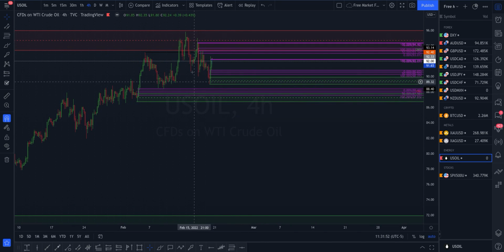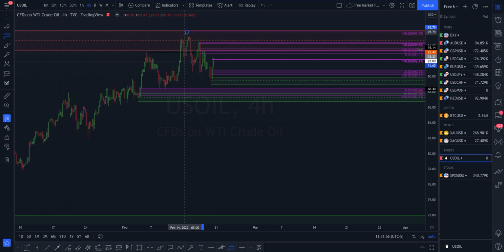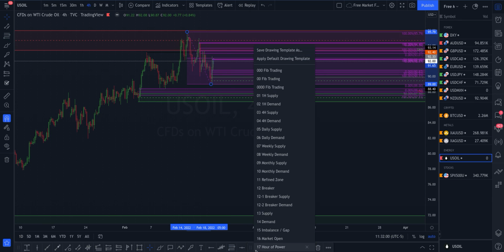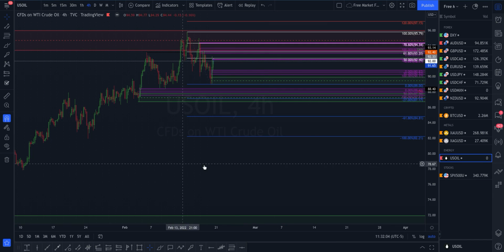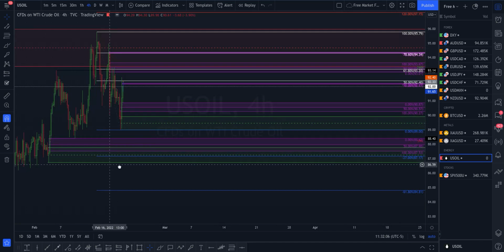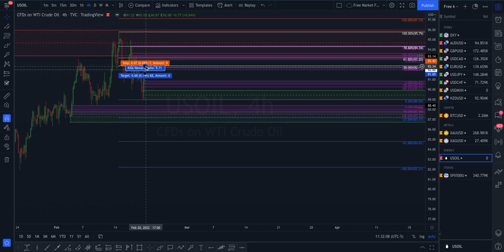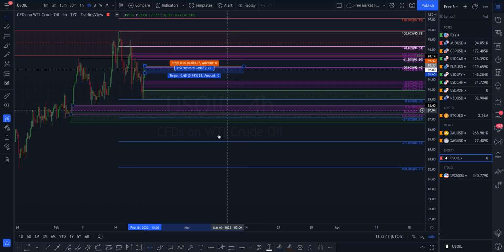And we are going to go from the most recent highest of high down to the most recent lowest of low. Switch this over to fib. Let's just see. Oh wow, that's small. That one's at the 50%.